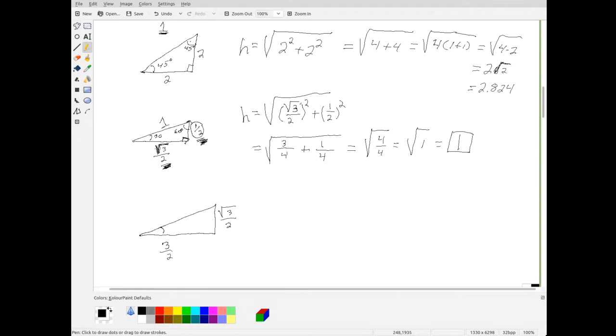So if I take the square root of 3 divided by 2, and I multiply that by the square root of 3, that's going to give me the square root of 3 times the square root of 3, which is the square root of 3 squared, divided by 2. So the square and the square root go, so that gives me 3/2. Okay. So you can see here, here's my 3/2.